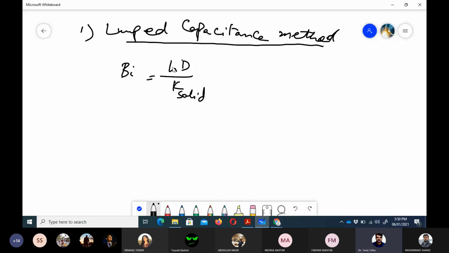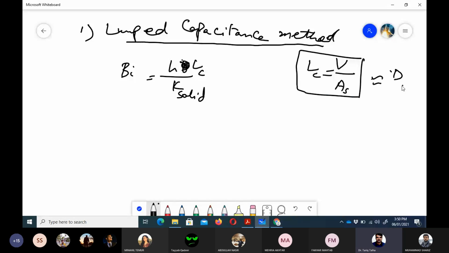Because we are talking about the cylindrical case, it should not be D but h Lc upon k, and Lc would be equal to volume divided by surface area, which comes out to be D by 6 for a sphere. But the problem here is that it should be less than 0.1.